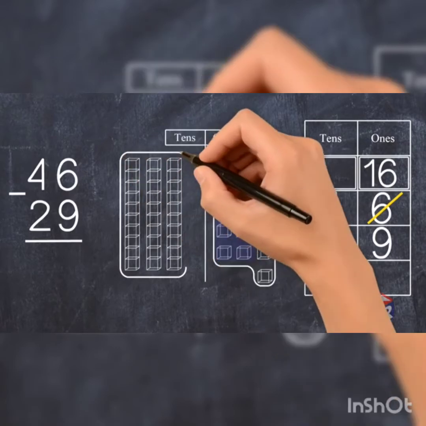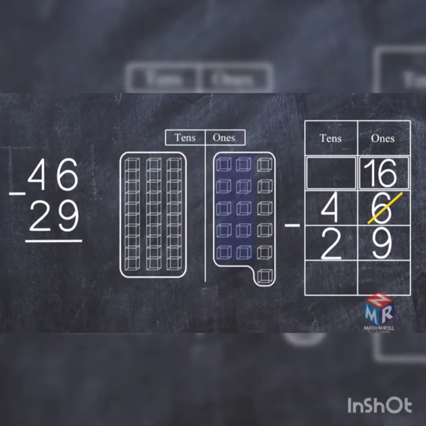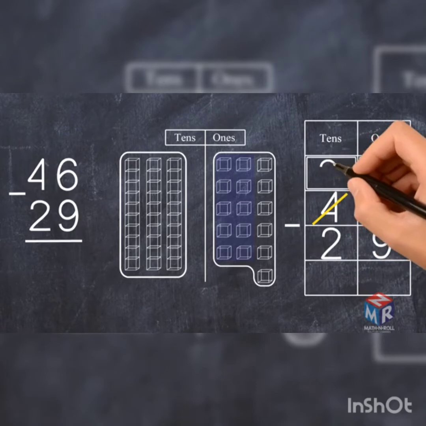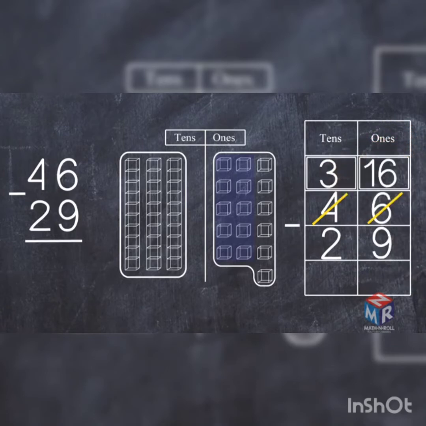Then in the tens column, we have only 3 tens. So we cross out 4 tens and write 3 on the top.